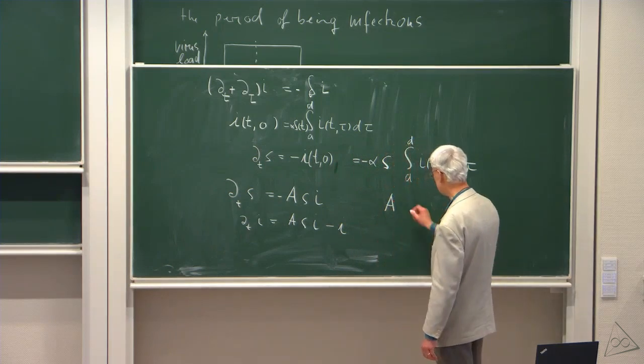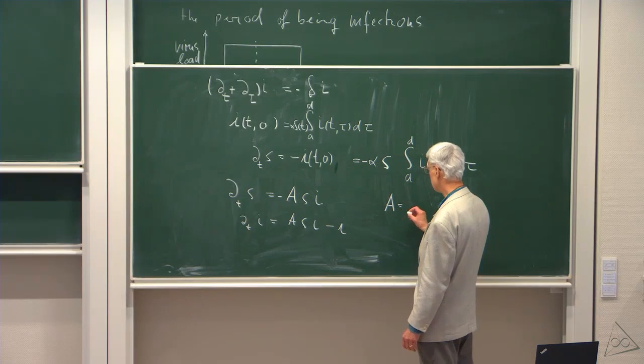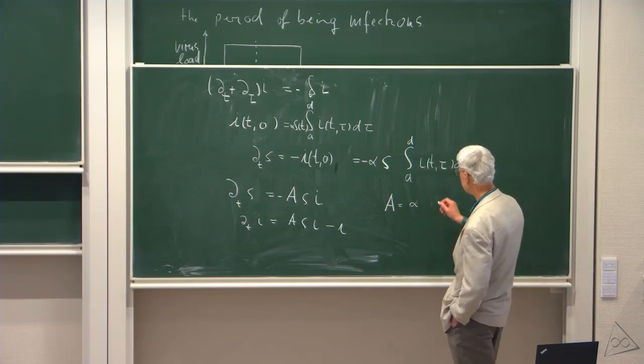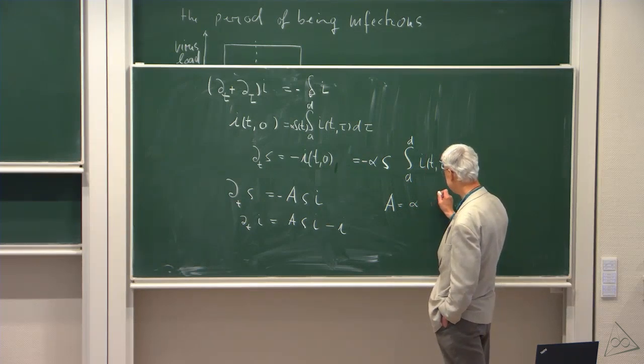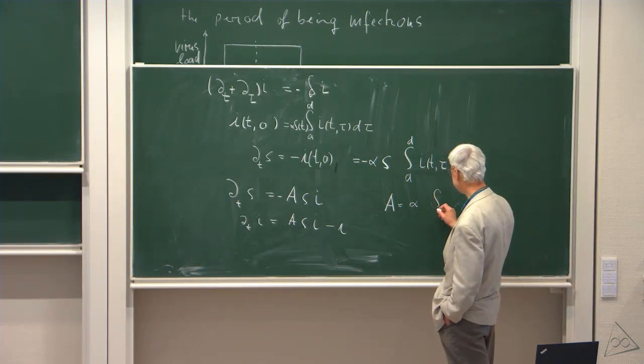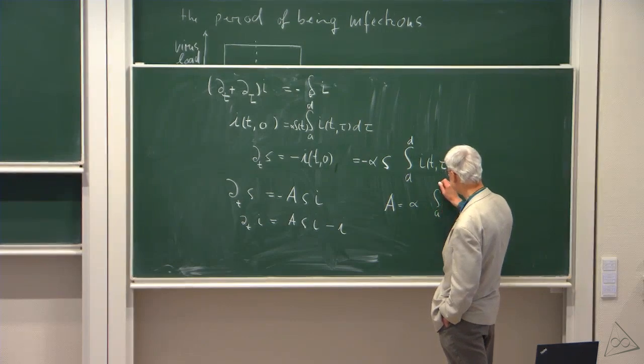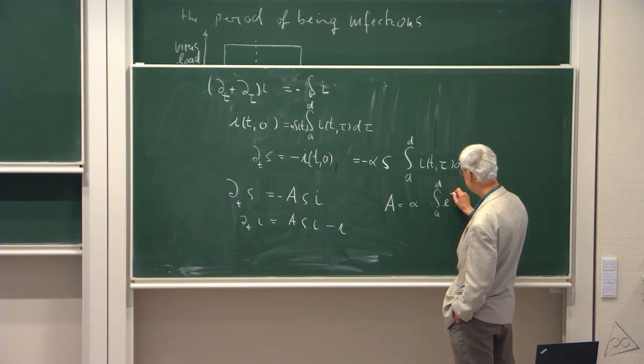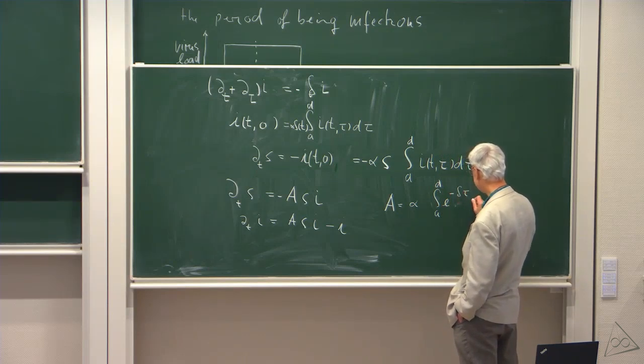And now for the A, I can also give a formula. So the A is just the same thing as what we had. It's the alpha. And then you have here this integral sitting there, from A to D, of e to the minus delta tau d tau.